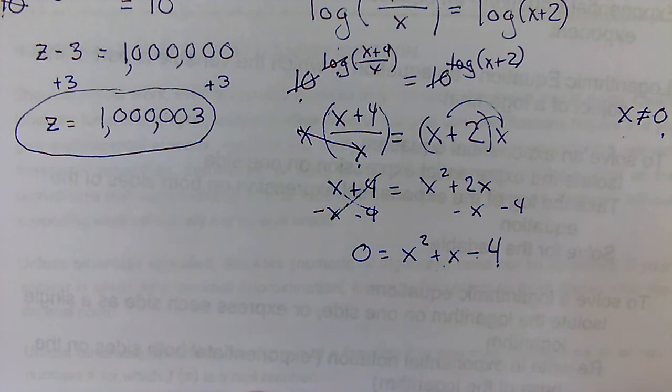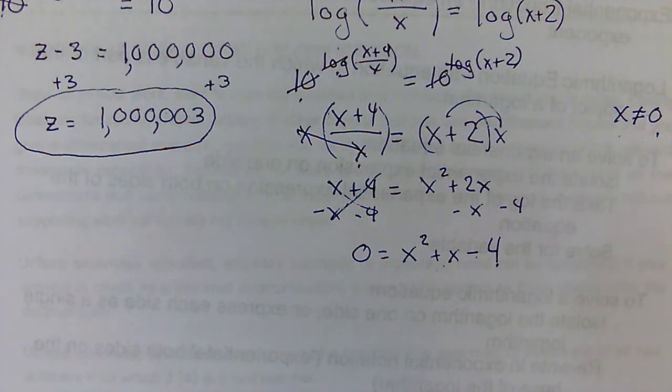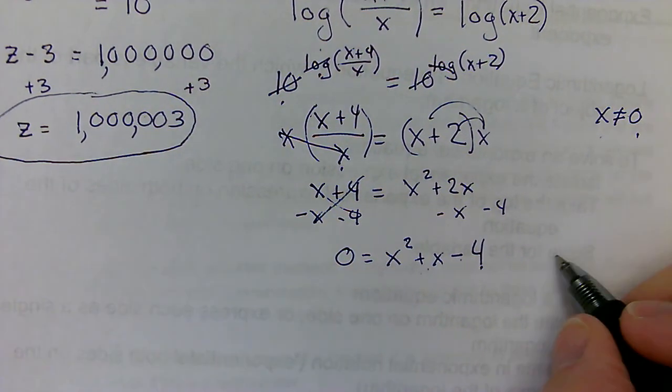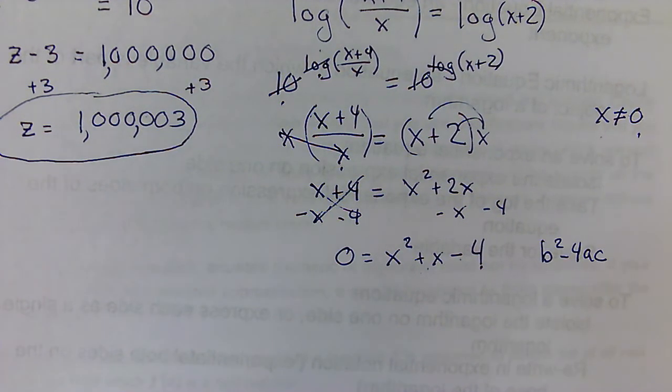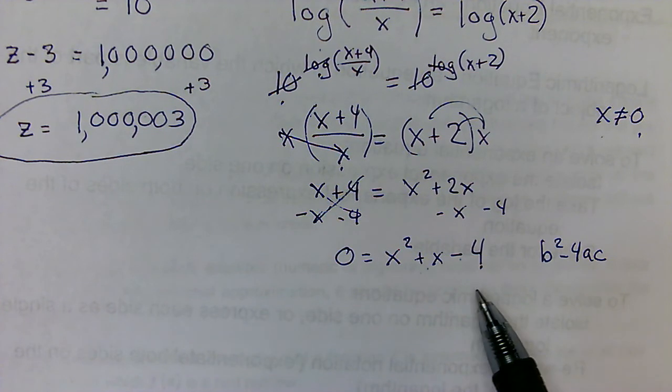But that doesn't mean you can't find the solution, because you can also either complete the square or use the quadratic formula. Well, when I use the quadratic formula, I like to check the discriminant first, b squared minus 4ac, because if that comes out to a positive perfect square, that means I could have factored this.